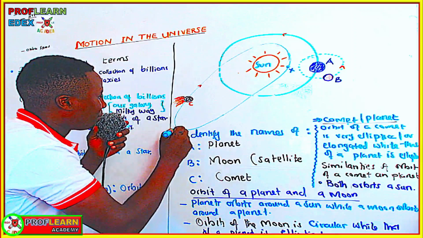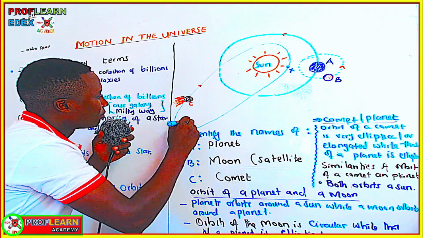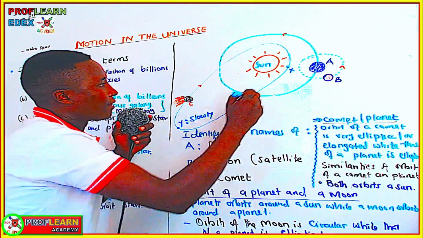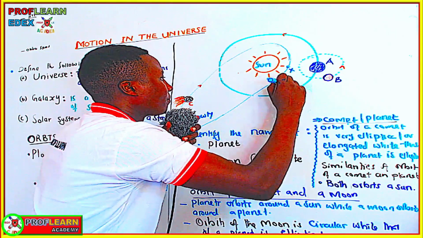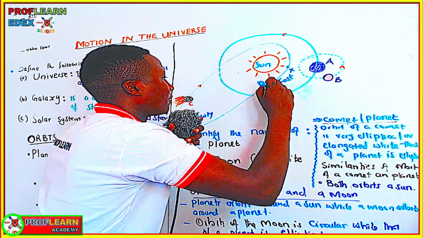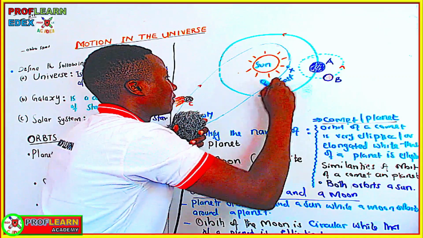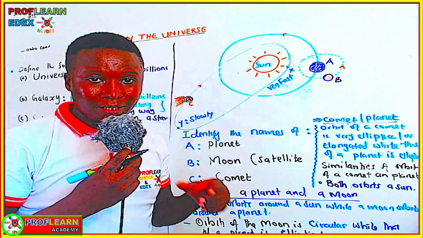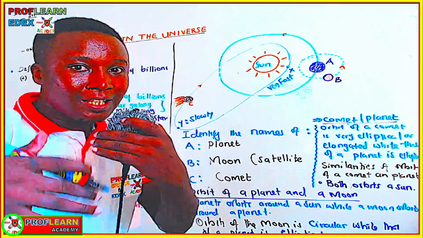And at point Y it is moving slowly. So the motion of the comet around its orbit varies in speed.